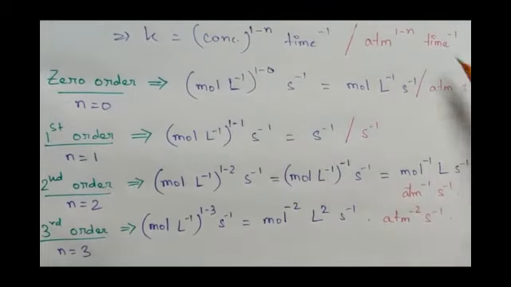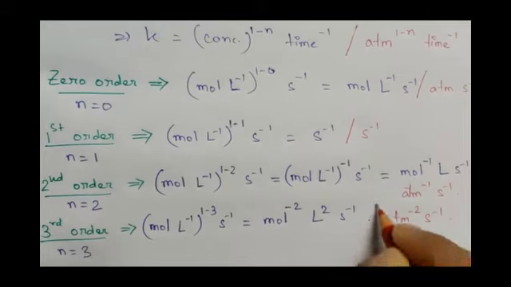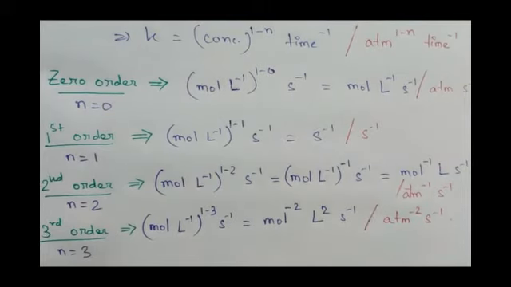So these red marked units are for the gaseous reactions, in terms of atmosphere, and these blue colored units are for the normal molar concentration terms in general reactions. So these are the units of the reaction rate constant for reactions of different orders. Clear?